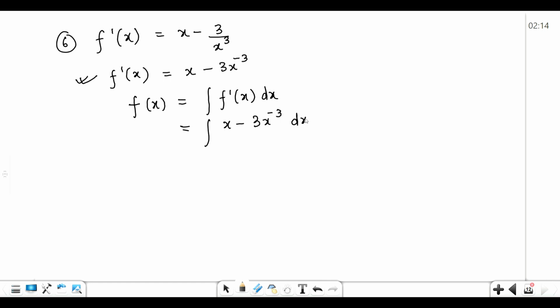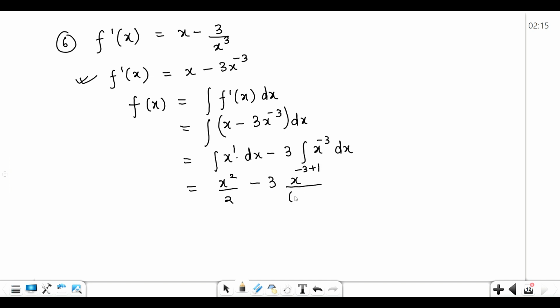Okay, you can integrate it separately. Integration of x dx minus 3 times integration of x to the power minus 3 dx. So here the power is 1, so that becomes x to the power 2 upon 2 minus 3, and here it will be x to the power minus 3 plus 1 upon minus 3 plus 1. We are applying the power formula, plus c.